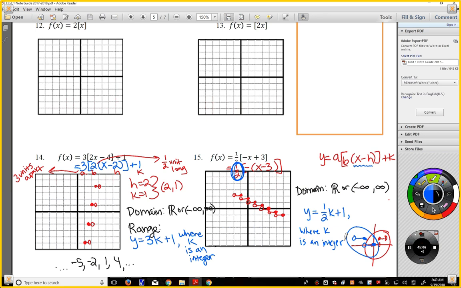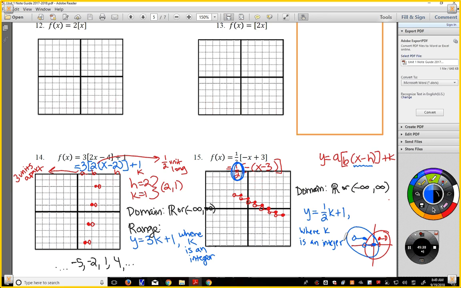Yes, Haley. On here, it's 1.5, and this one's open. But remember, the range is just, do we ever hit that y value? It doesn't have to be the exact y-intercept. So he's allowed to use 1 as well because we do have a bunch of points where 1 is the y value.